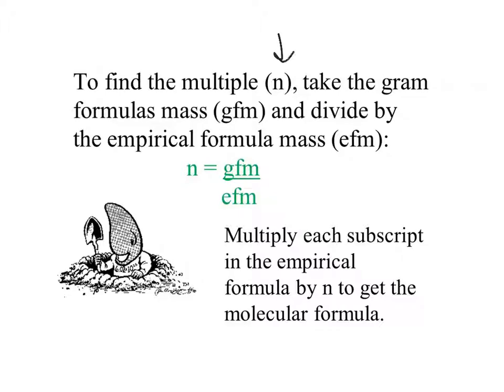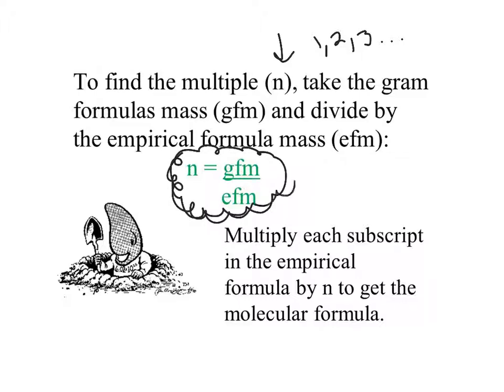What number in this case, and it can be a whole number, 1, 2, 3, 4, 5, which whole number is going to be used to scale up the empirical formula, to scale up that ratio? Well, the formula to do that is here. So I recommend giving it a puffy cloud of greatness. N equals the GFM over the EFM.